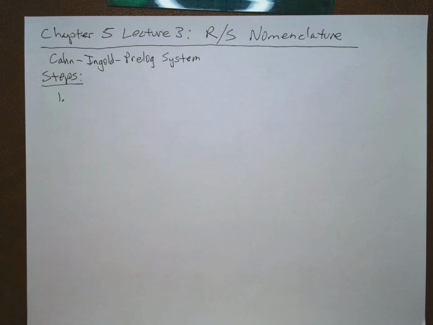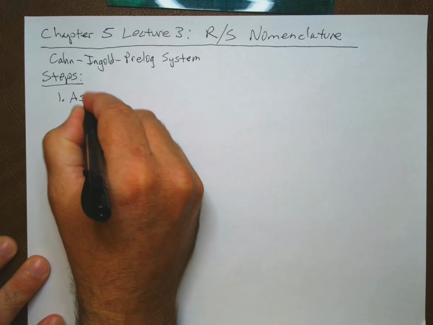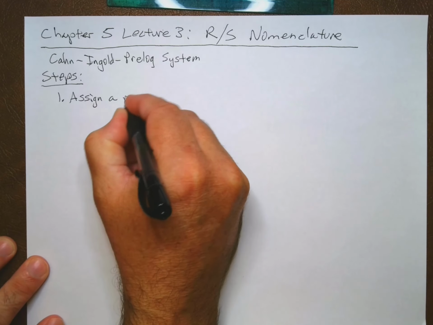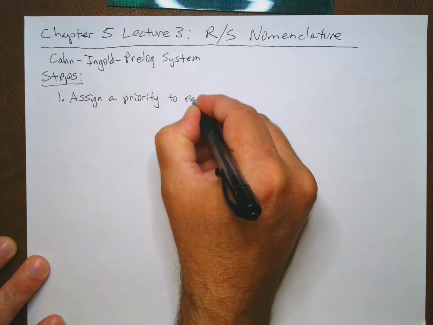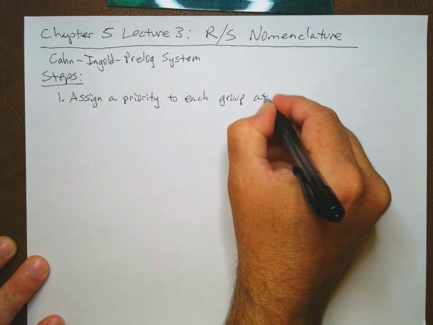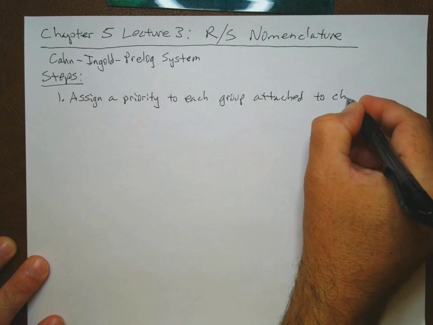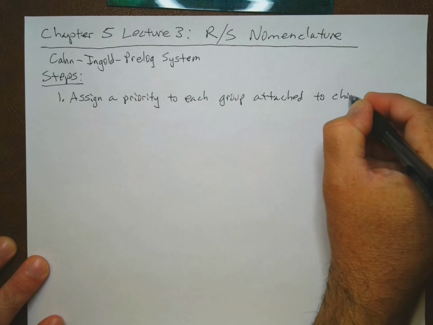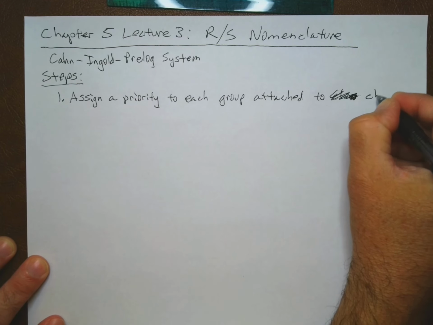First of all, we're going to assign a priority to each group attached to our chiral carbon. See if I can write chiral correctly.